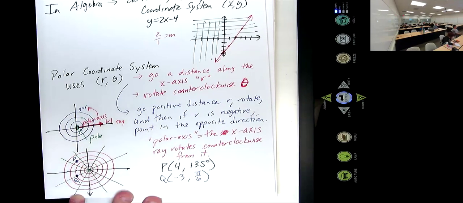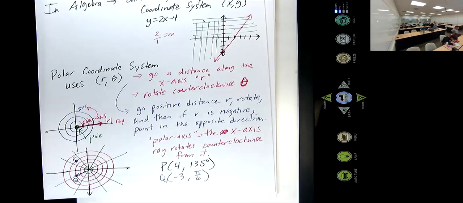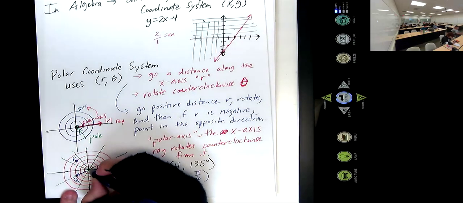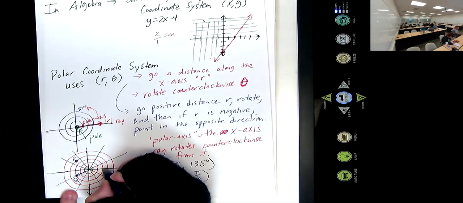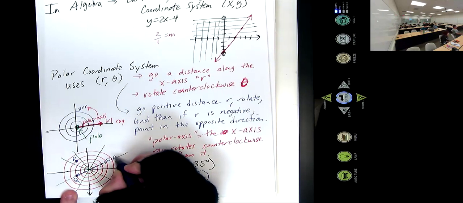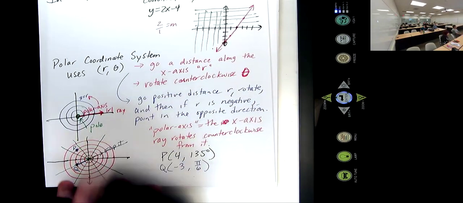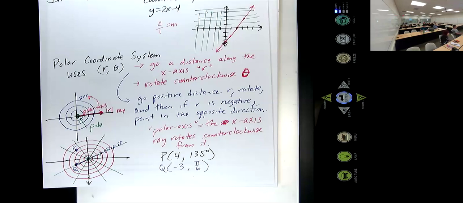That's where Q is. That's -3, 30 degrees. The other way of doing this is to go to the positive version, 1, 2, 3, rotate so it hits here, and then flip it. When you flip it, it points in the exact opposite direction, the same distance. However you want to do it is up to you.